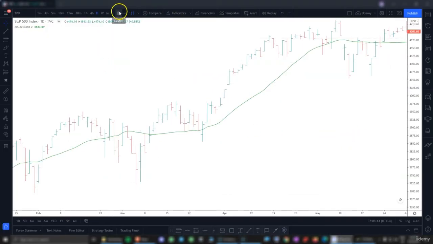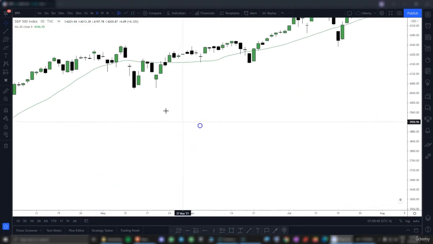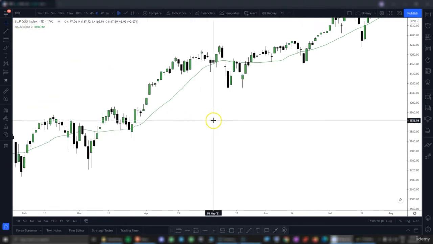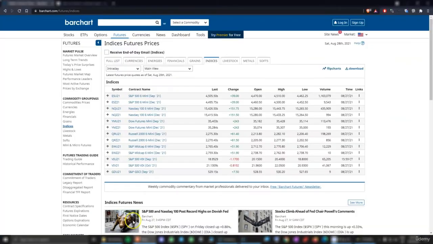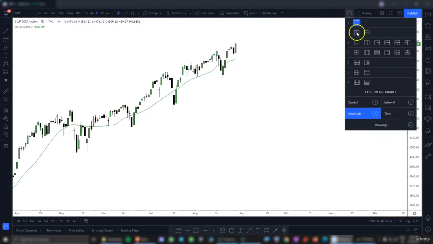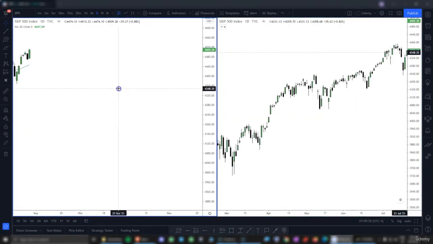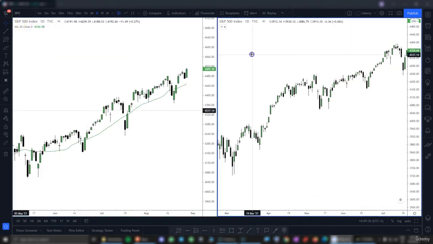And if we make a comparison between the S&P standard index and the futures contract, this is very simple. From the bar chart, you see this is the contract and this is the symbol ESU 21 for 2021. So I want to show you those next to each other. Here we have the index and here we have the future contract.